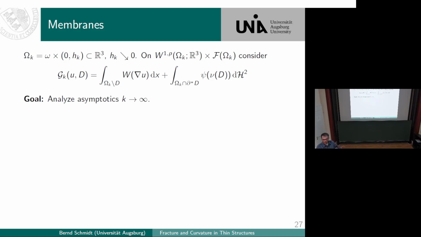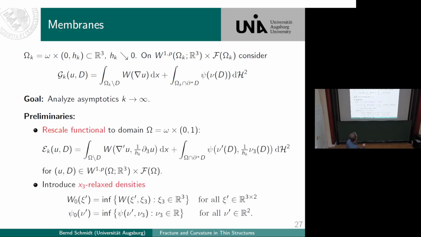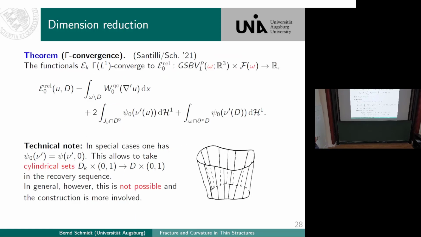Without these voids, this has been done long ago by Le Dret and Raoult, and they tell you what you should do is define a new energy density where you minimize out the small x3 direction, because this is what you do not control anyway. And if you do this now also for this psi, if you minimize out and you define a new psi here, then this is exactly the right thing to do. And then you can prove Gamma-convergence to such a function. It's exactly the same formula.